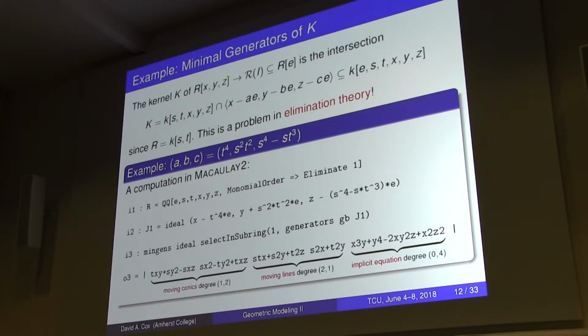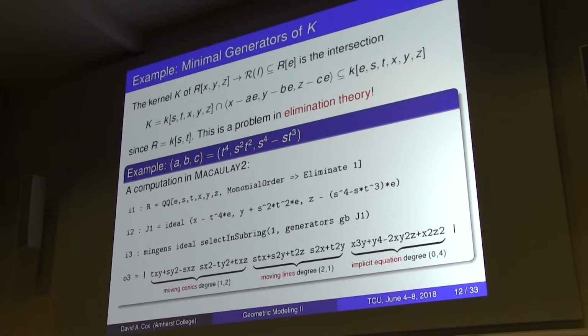Then here, the degree in s and t is 1, but I've got degree 2 in the x, y, z variables, so these are moving conics that follow the parameterization. So you get 2 moving conics, and then finally you have the implicit equation.